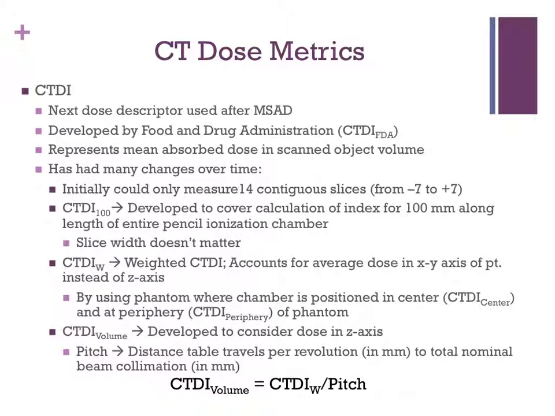The CTDI volume was developed to consider dose in the Z-axis, and it is calculated by taking the weighted CTDI divided by the pitch. And remember, pitch is the distance the table travels per revolution in millimeters to the total nominal beam collimation in millimeters.